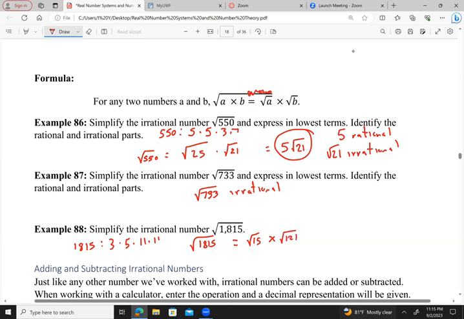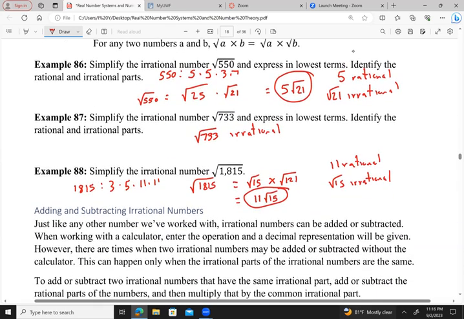The square root of 121 is 11, so I have 11 times the square root of 15. And the 11 is the rational part. The square root of 15 is the irrational part.